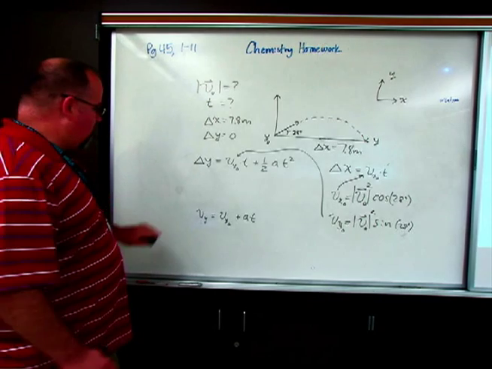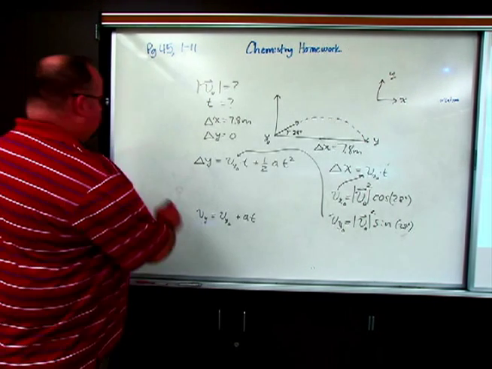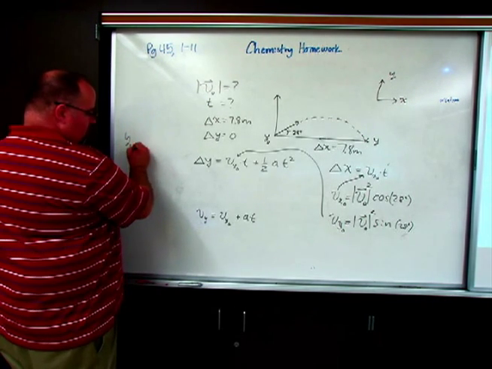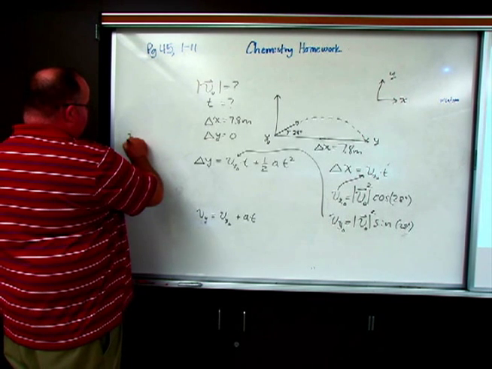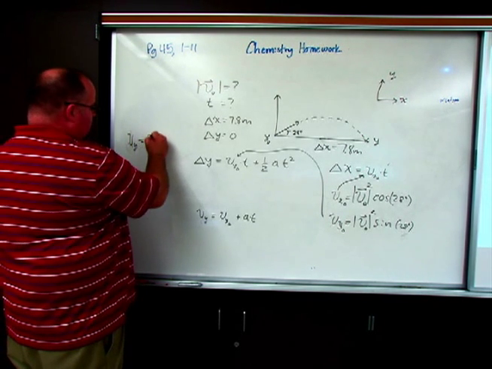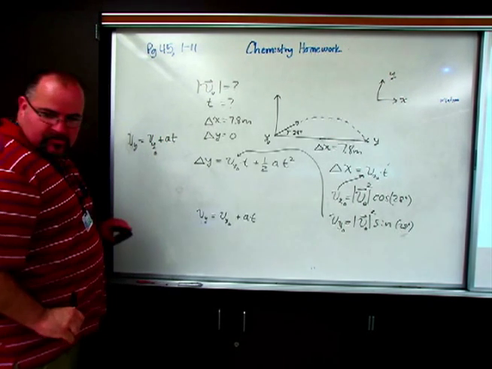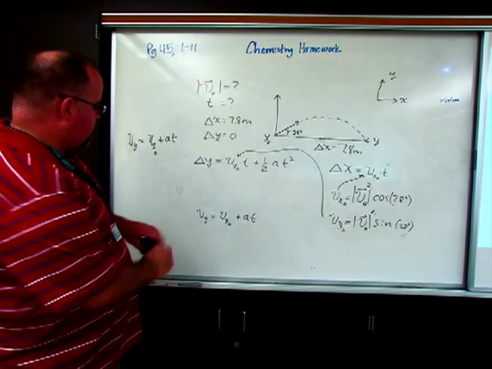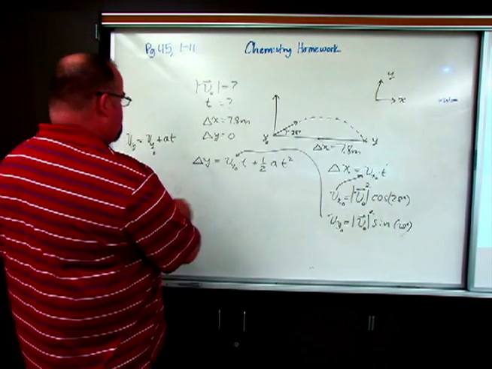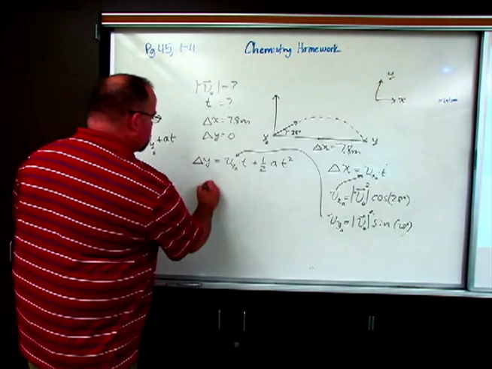Okay. I'm going to move this equation over here. So we have room. V sub y equals Vy sub naught plus AT. So this equals 0.